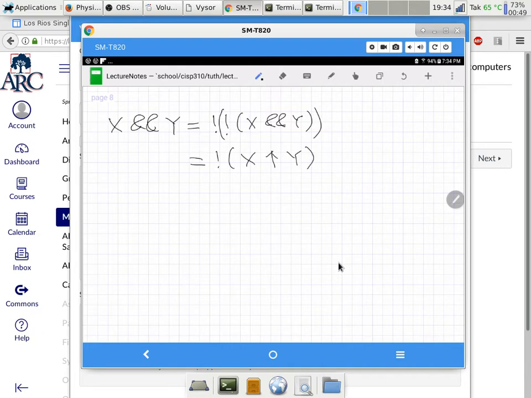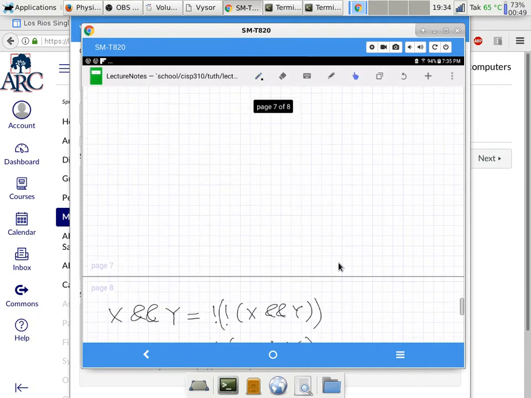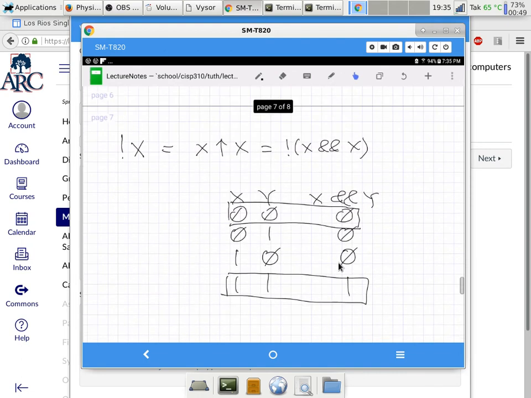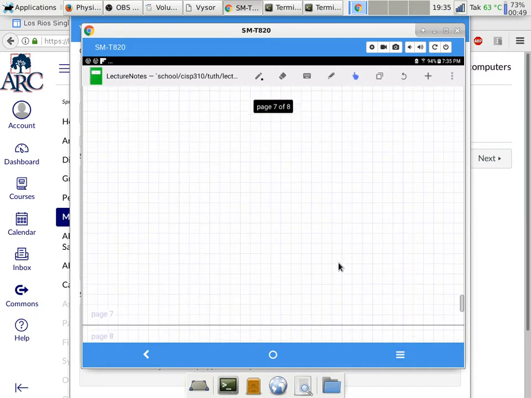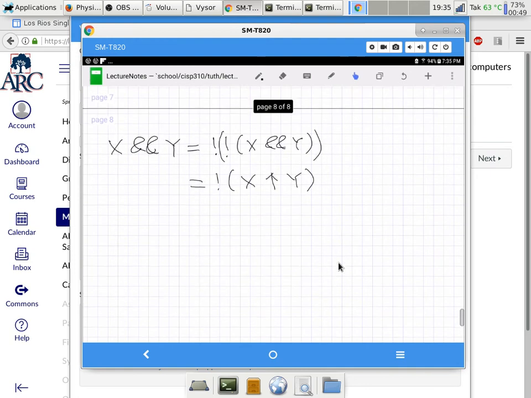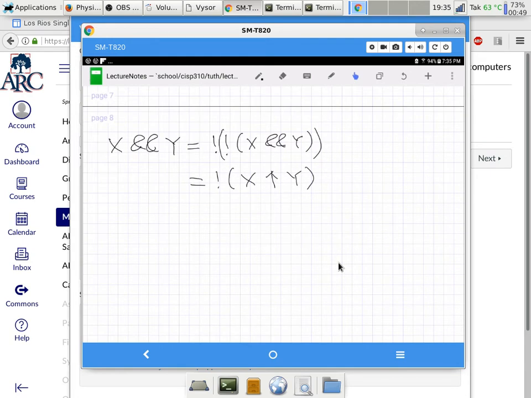But we do have a negation on the outside. But we know how to deal with negations, don't we? We know how to deal with negations because of the previous slide. A simple negation means just NAND that thing with itself. Except in this case, we don't have just a simple X. We have X NAND Y, the whole thing, to be NANDed with itself.